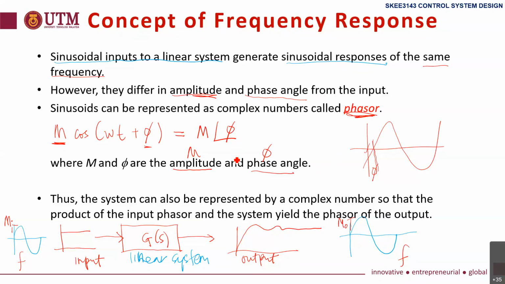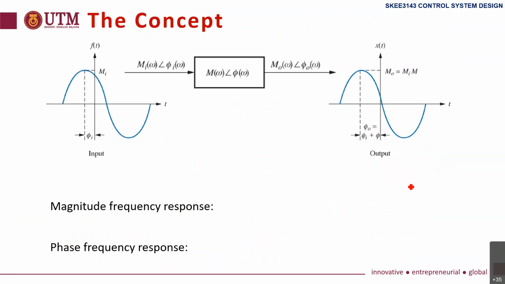I will move to the next slide. Therefore, the system can also be represented by a complex number, so that the product of the input phasor and the system yields the phasor of the output. I will show it here. Let's say I redraw the input and output.